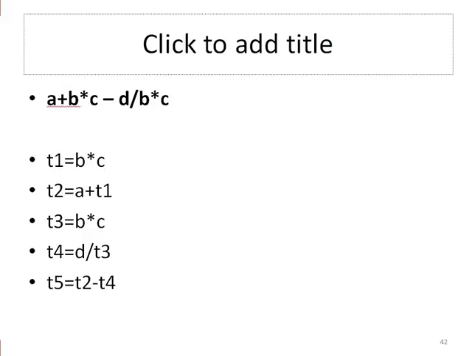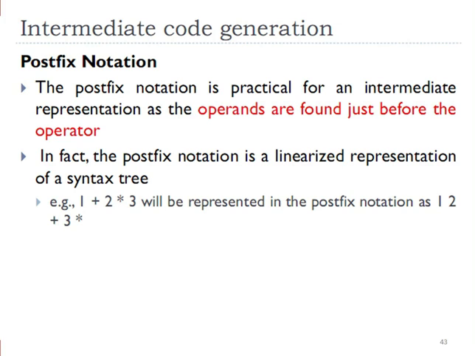So those are some forms that we can use as an intermediate representation. Another form is postfix. Postfix is also considered an additional form of intermediate code.